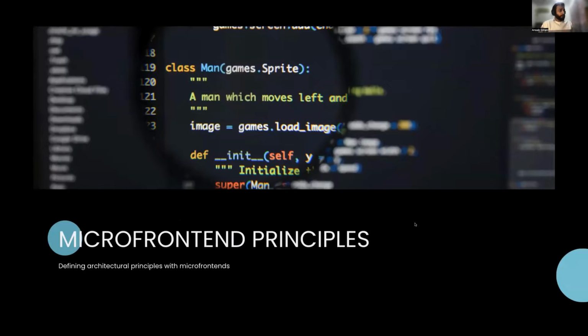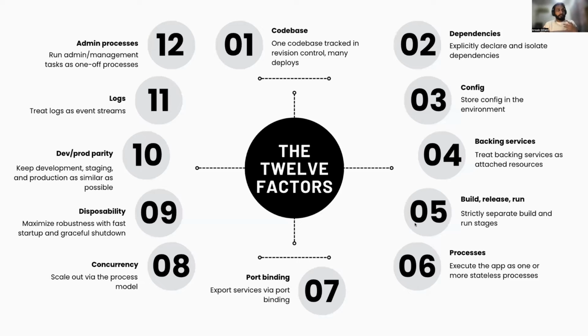Coming to the front end principles, how do you define an architectural principle for a front end? There is a very popular method, the 12-factor application, which actually defines if you can convert a business case into a micro front end or microservice. For example, first is the code base.